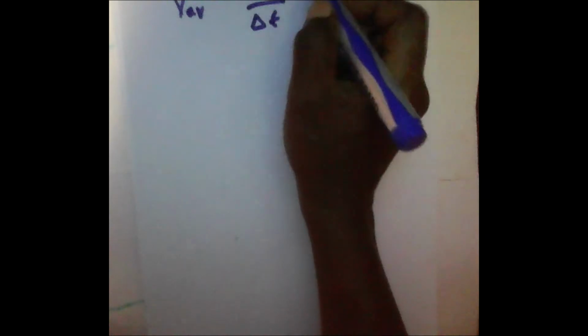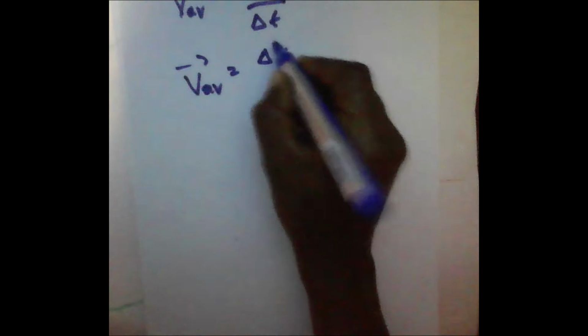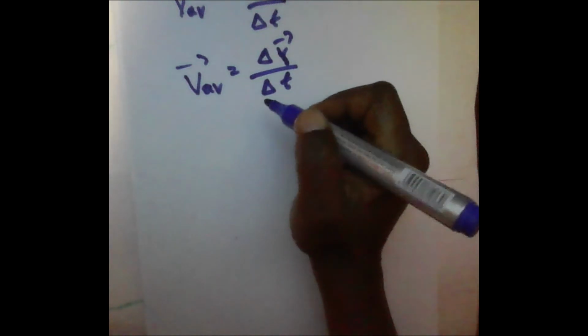Having this in mind, we know by definition, the average velocity is equal to change in r over change in t. Let's rewrite this again. V average is equal to change in r over change in t.